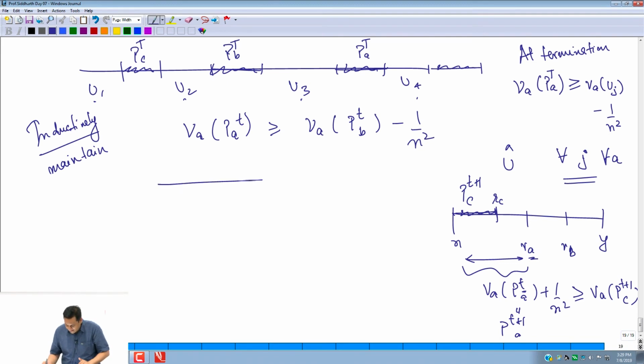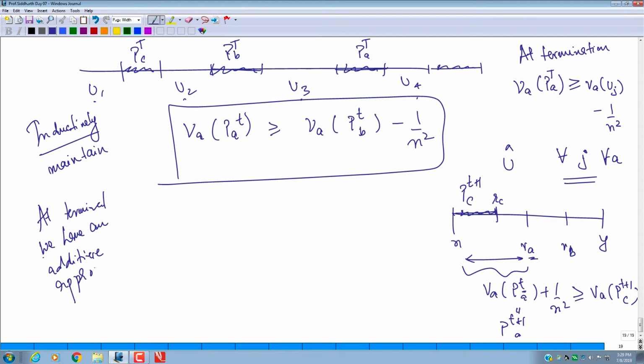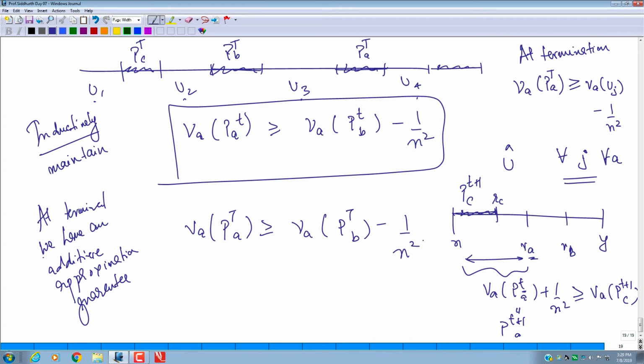Okay, let's just stare at it. If I remove this additive term of 1 over n square, what I have is actually NV freeness.